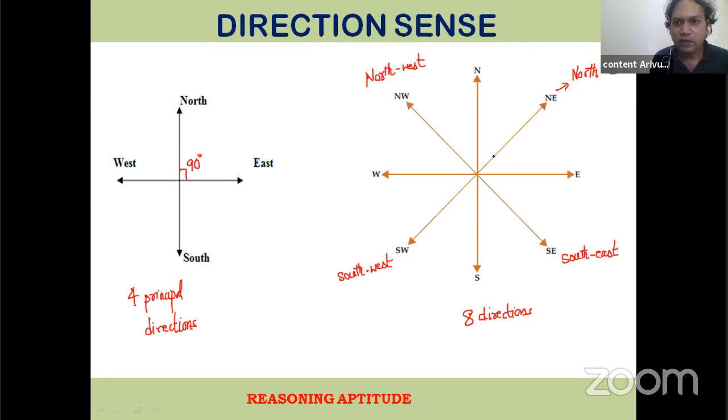Whereas between any two adjacent directions, the angle is 45 degrees here. Sometimes in complex questions, we have to work with angles also, which is why I'm giving you this extra bit here.